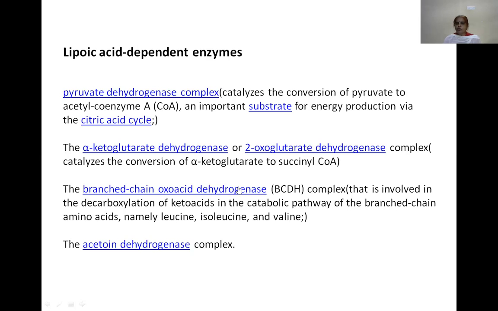Regarding branched chain amino acids, leucine, isoleucine, and valine are the branched chain amino acids. Lipoic acid is involved in the decarboxylation of the keto acids in their catabolic pathway.